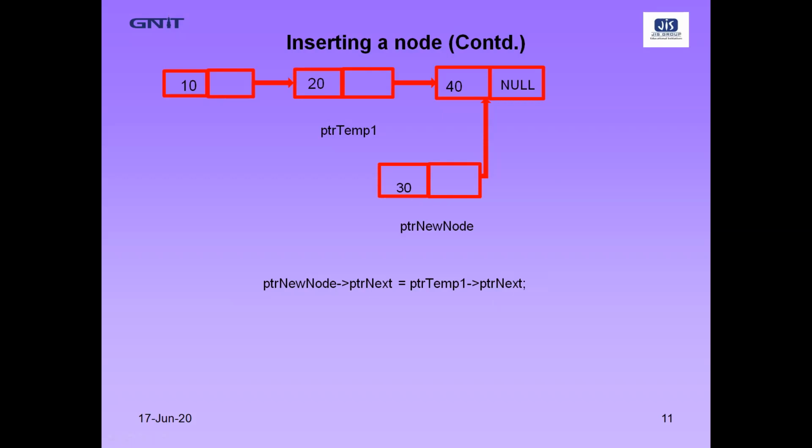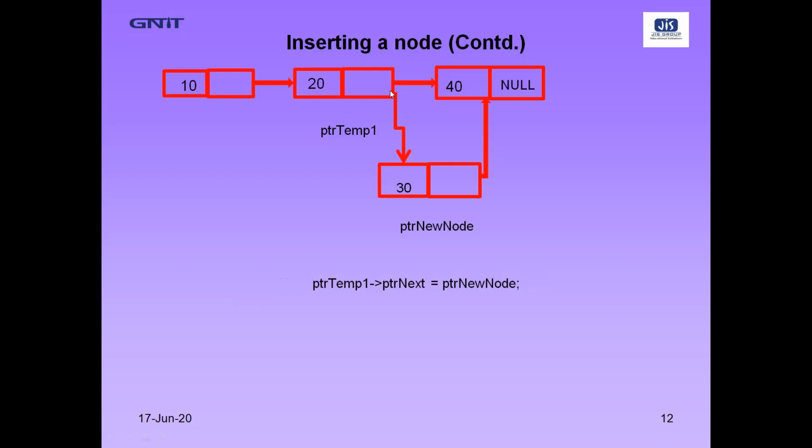Okay, and so in this case, this ptr new node link field right now points to this node where the data item is 40 with the help of this syntax, right? Now after that, when we assign ptr temp1 arrow ptr next equal to ptr new node, then this ptr new node is pointed to by this second node, which is ptr temp1 link field.